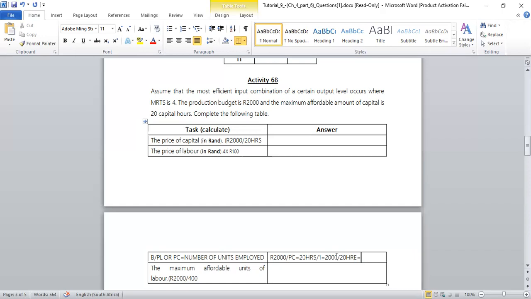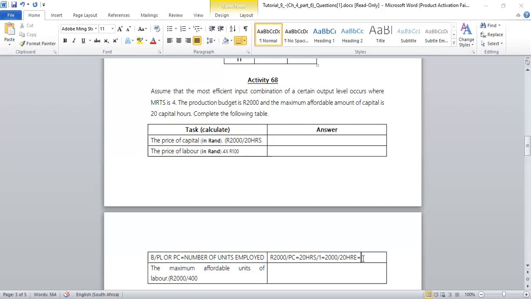Because here, guys, if I say PC times 20 hours, it's giving me 20 PC. Then I divide by 20 on both sides. So 20 divided by 20 gives me 1, which means on this side I will be left with PC.